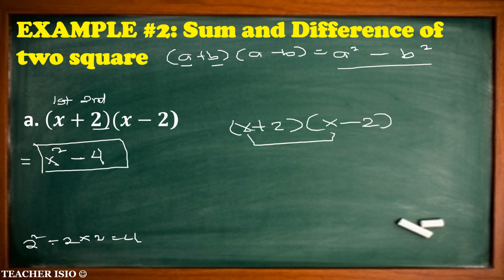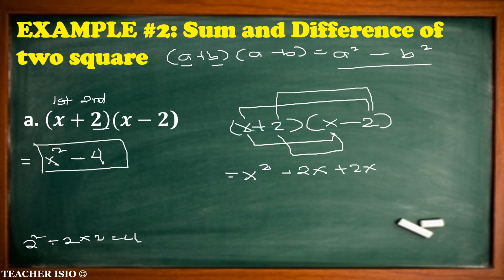So, first term, we have x times x, x squared. Next, let's have the outer. X times negative 2, so we have negative 2x. Next, let's have the inner. We have 2 times x, we have positive 2x. And then, positive 2 times negative 2, the last term we have negative 4.